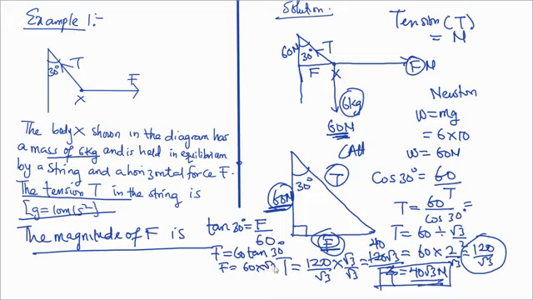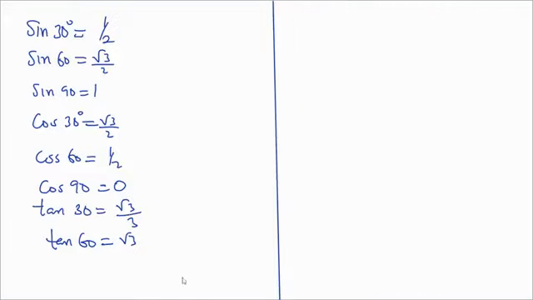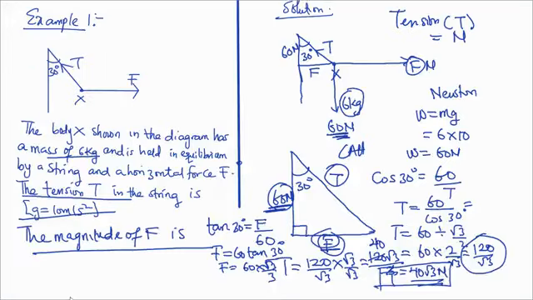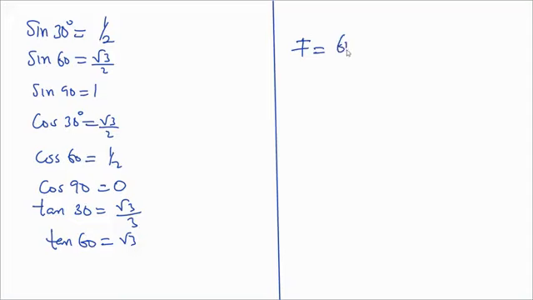That is root 3 over 3. Do you get? Now let me continue it on the next slide. So our F is 60 times root 3 over 3. So 3 into 3 is 1, 3 into 60 is 20. So our F is 20 root 3 Newton.